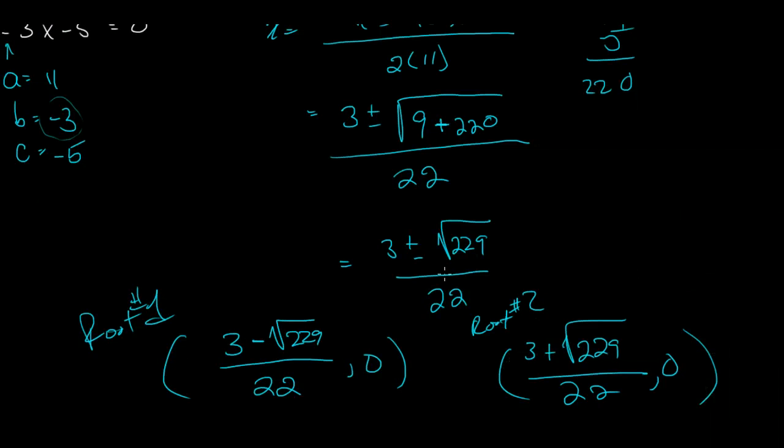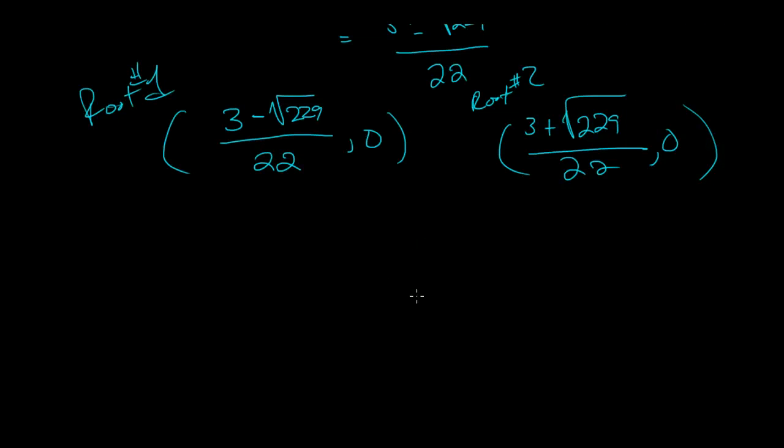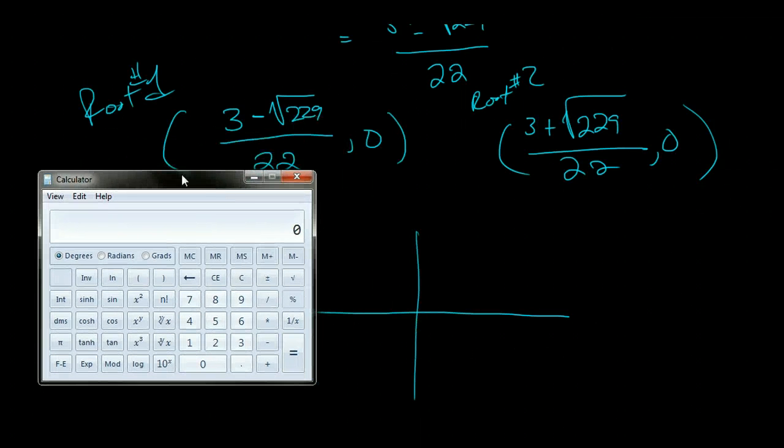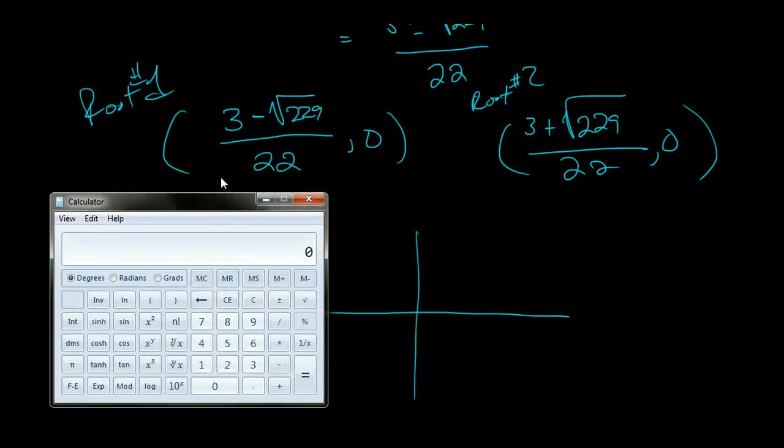So that if I were to try and graph this, which would be really crazy to do, my graph would look something like, let's see. It'll be 3 minus 229 divided by 22, so let's see what that looks like. Okay, let's put this in our calculator.